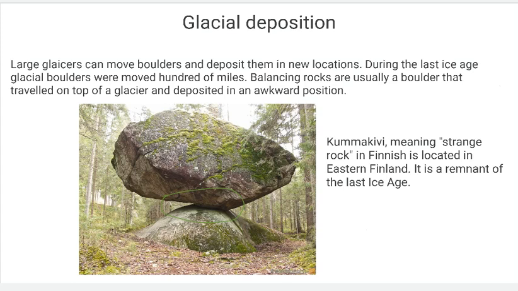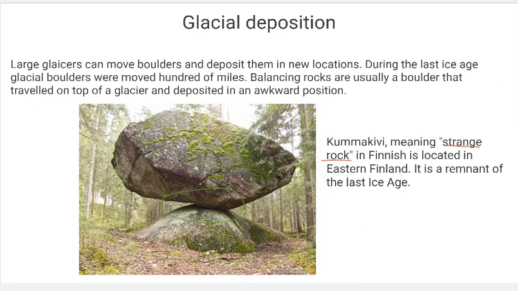This happens in all different types of rocks and all different types of areas. Maybe some of them aren't as grand or large as this one in Finland, because the locals call it the strange rock, because it has this weird balance that can only be explained by glacial deposition. And it is so amazing to see.